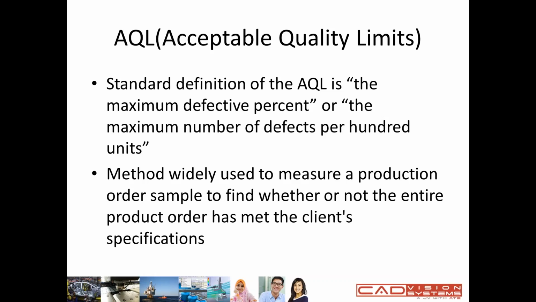AQL is widely used to measure a production order's sample to find out whether or not the entire order has met the client's specifications. The customer has to take the data to make an informed decision to accept or reject the lot based on the AQL result.